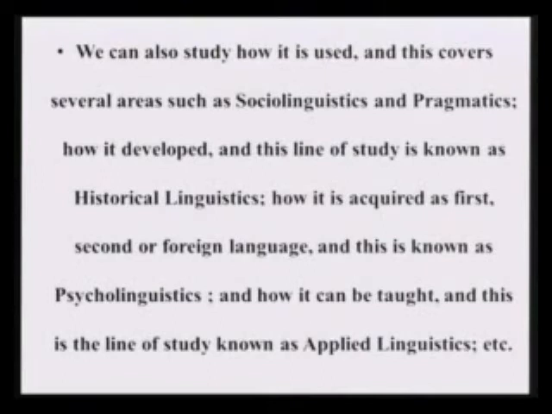And this covers several areas such as sociolinguistics and pragmatics, how it developed, and this line of study is known as how language developed over time, and this is known as historical linguistics, how it is acquired as first, second, or foreign language, and this is known as psycholinguistics, and how it can be taught, how language can be taught, and this is the line of study known as applied linguistics, etc. So there are sciences within linguistics specialized in different aspects.